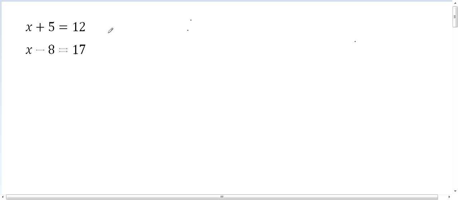We first have x plus 5 is equal to 12. Since the additive inverse of 5 is minus 5, let's add that to the left-hand side first.